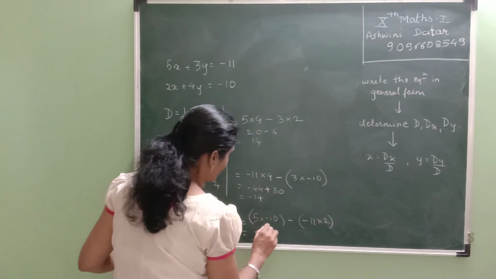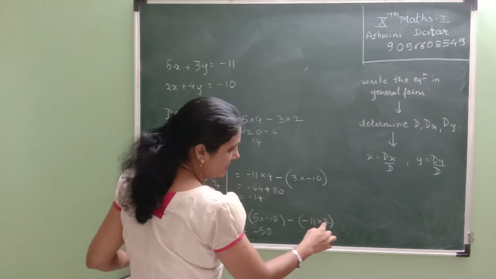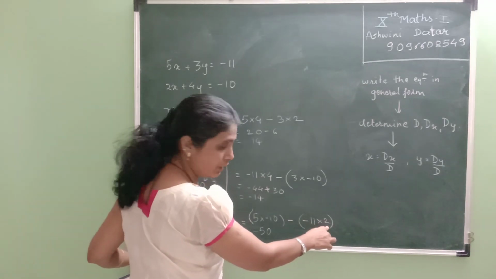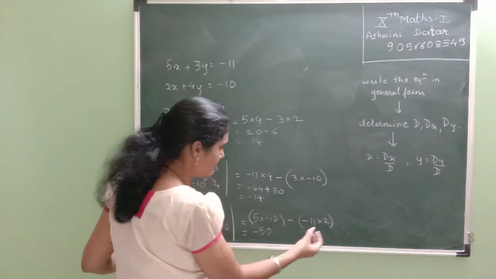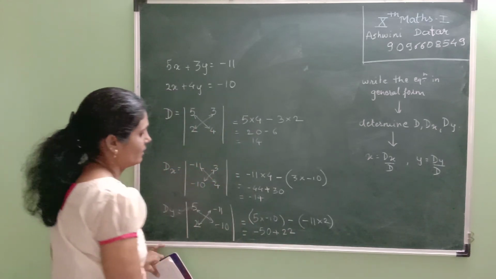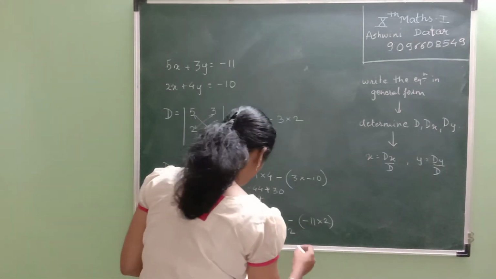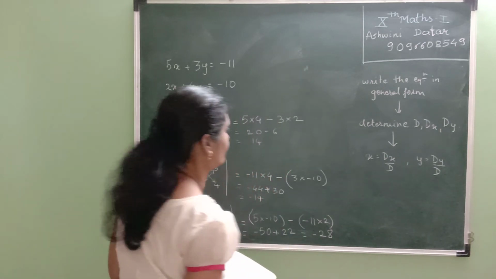So this is minus 50. Minus 11 into 2 gives me minus 22, again with a minus sign. So minus minus becomes plus, plus 22. So this comes out to be minus 28.